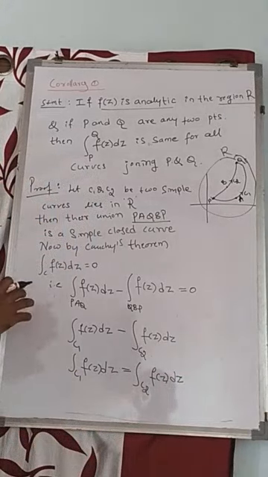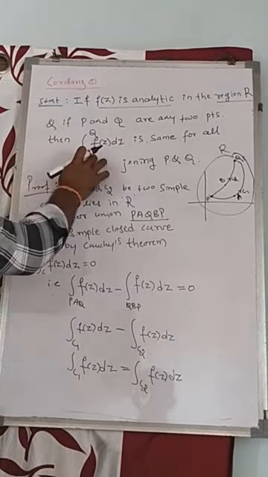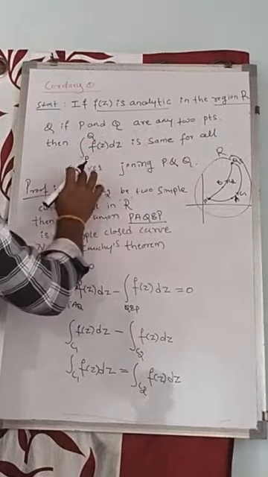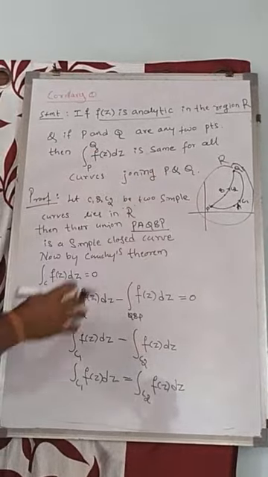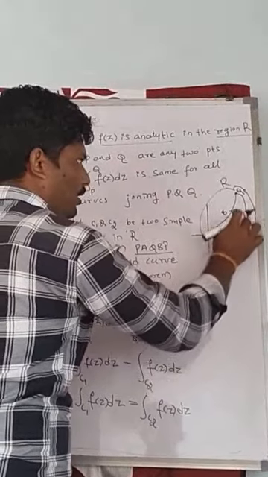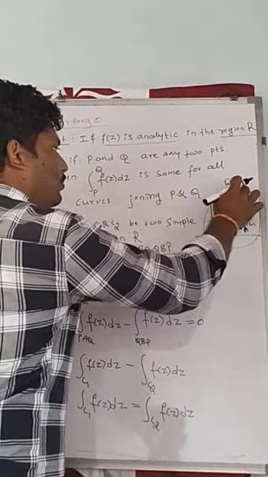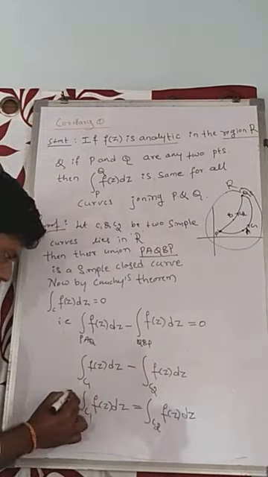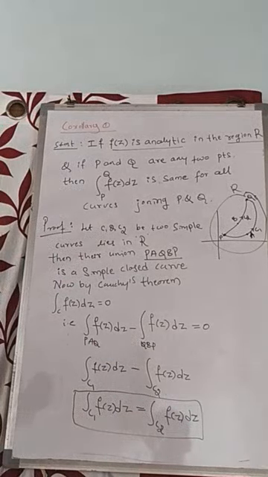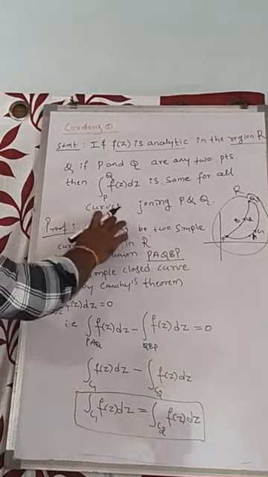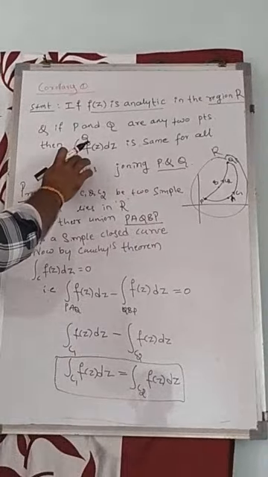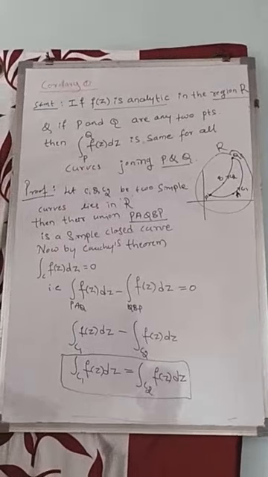The theorem statement is that the integration from P to Q of f of z dz is the same for all curves joining P and Q: PAQ is one curve, QBP is the other, and they give the same value.